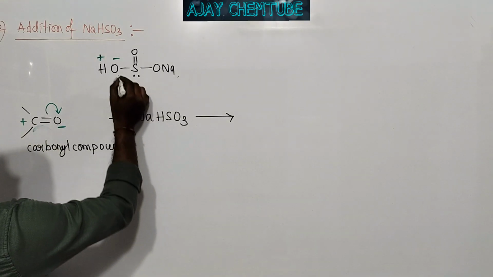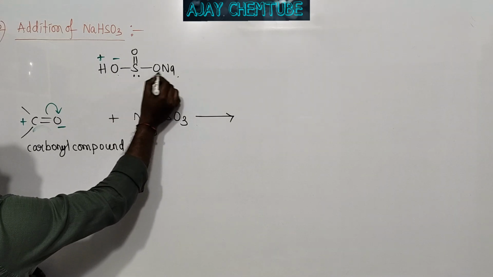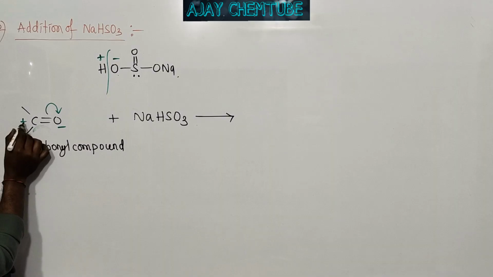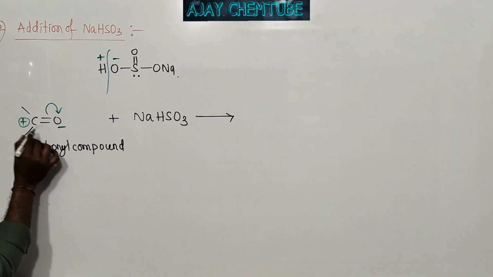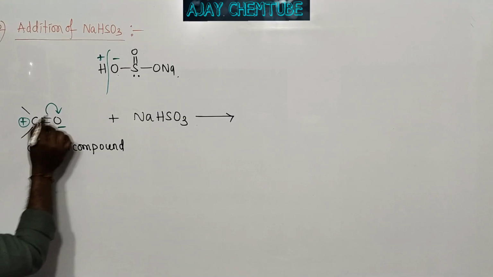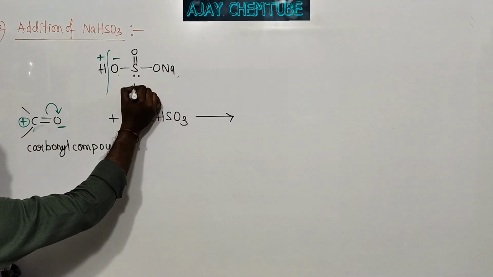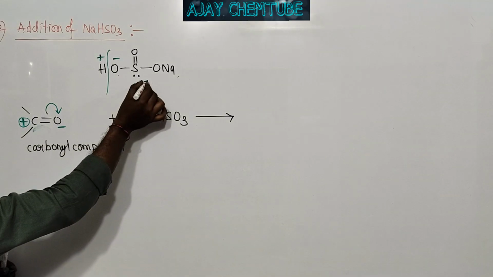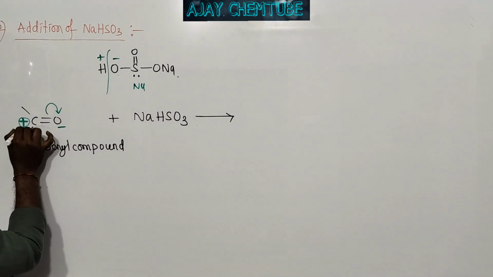Now here SO3Na, the nucleophile, is added to carbon and H plus is added to oxygen. SO3Na is the nucleophile, negative in nature, so it is added to the positive center.